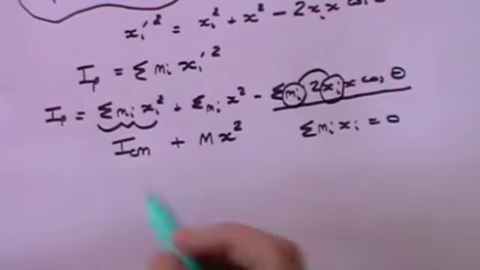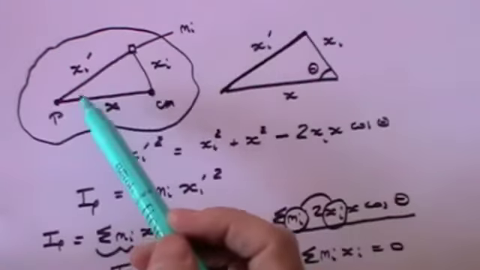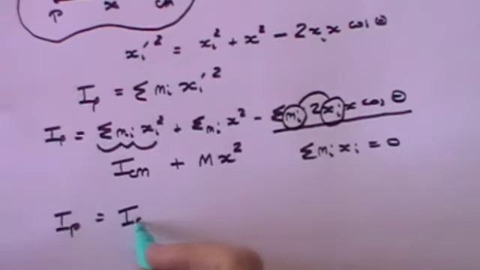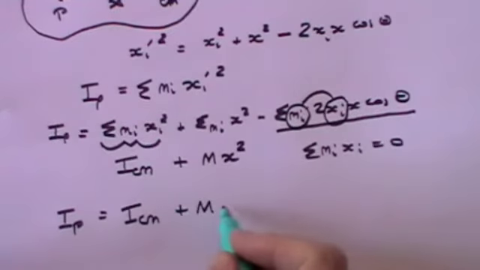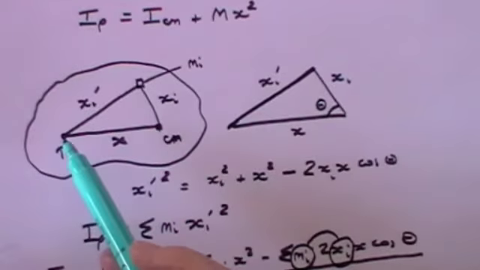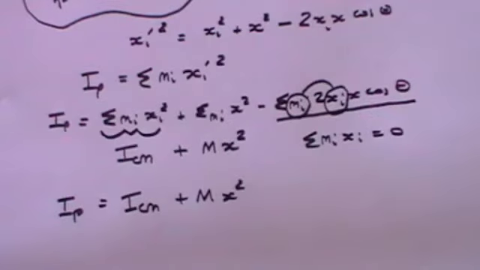And thus we're left with what we wanted: that the moment of inertia about any point P is equal to the moment of inertia about the centre of mass, which you'll need to know, plus the mass of the body times the distance squared between the centre of mass and the point at which you wish to pivot it. So it saves you working out the moment of inertia from first principles every time.